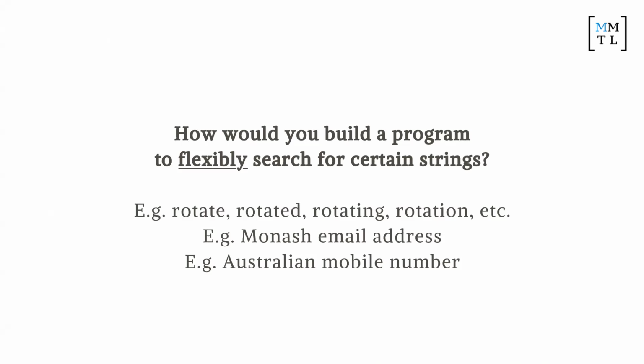For example, in a research paper they might refer to the word rotate or rotated or rotating or rotation, but you don't know which one. Or you might have a list of email addresses and you want to find anyone from Monash. So you see how it's flexibly searching. Or you might have a list of international mobile numbers and you want to find Australian mobile numbers in particular. Does anyone have any ideas about how to do this?